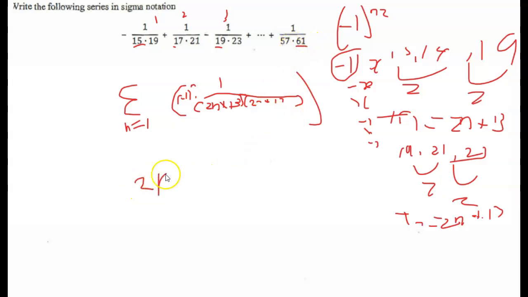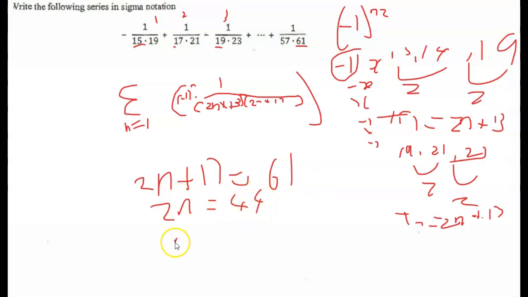So we can just say 2n plus 17, because this represents the second values, equals 61. Then 2n equals 61 minus 17, that is 44. And n equals 44 divided by 2, which is 22. So there we go, it's the 22nd.